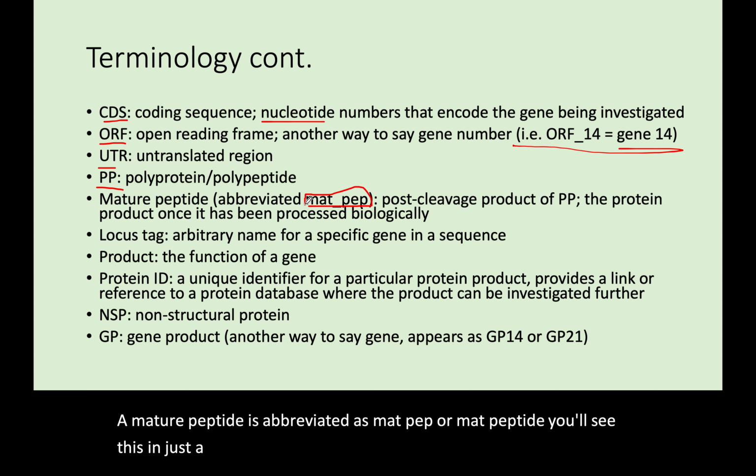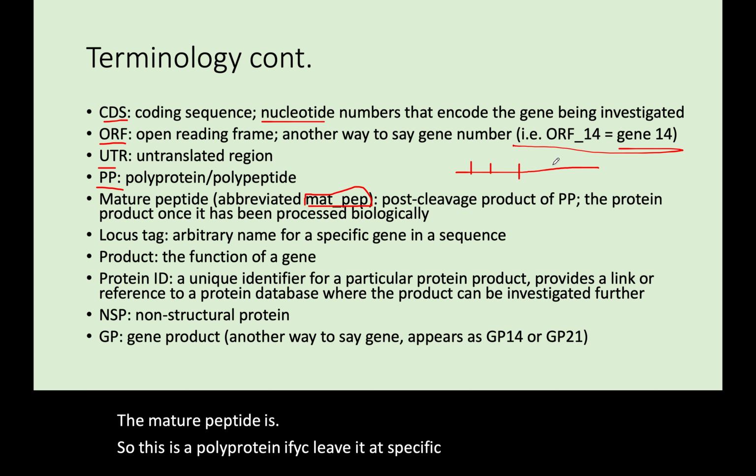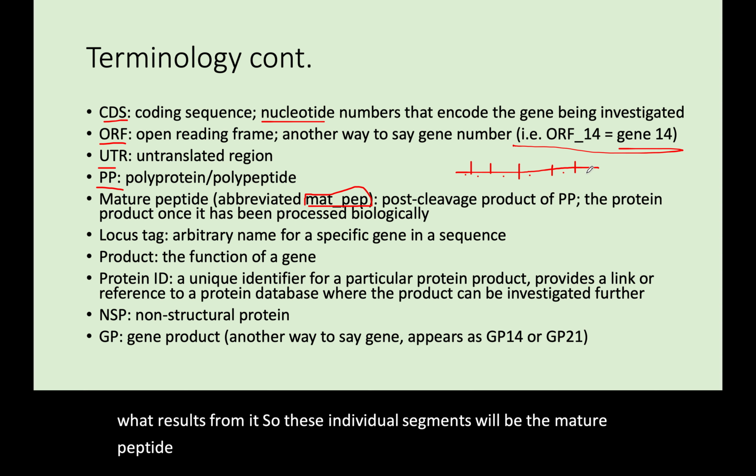If I have a polyprotein, and I cleave it at specific sites, the mature peptide is what results from it. These individual segments will be the mature peptides that then have their own functions.